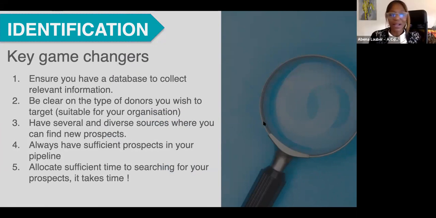Sorry, yeah. So we thought in the time that we had here, we would put some of what we consider to be game changers. I mean, there are other elements perhaps for others, but I think these are key. And we also wanted to be specific on the different types of donors. So in the identification phase, we think that what's important is you need to ensure you have a database to collect the relevant information.